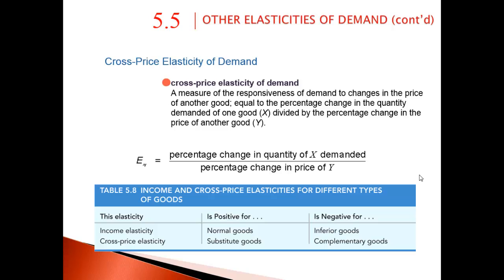Essentially, we're taking two goods. So we might say the percentage change in good X divided by the percentage change in good Y. What we're getting at with this, and I actually will make you calculate the cross price elasticity of demand, is what it's stating essentially: if we lower the price of one good, then will we see a decrease in the quantity demanded for another good?